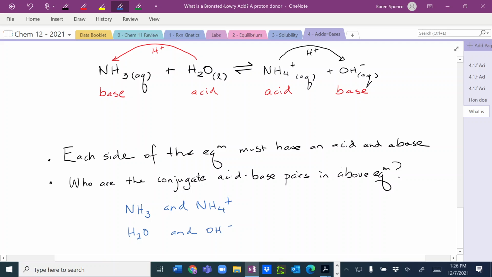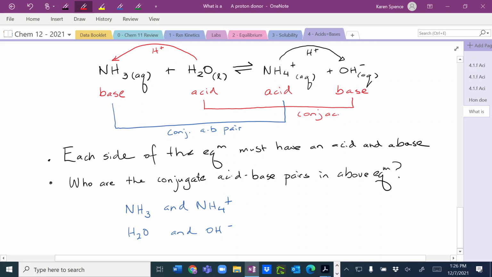We'll often go like this and say, oh, look, here is a conjugate acid-base pair, and here is our other conjugate acid-base pair.